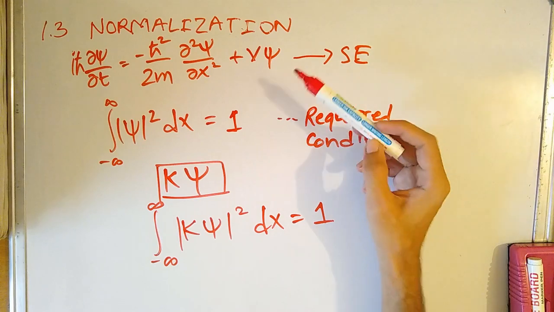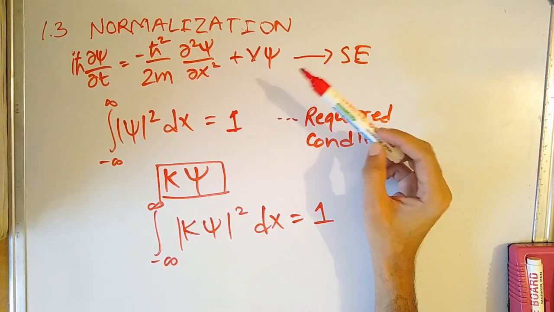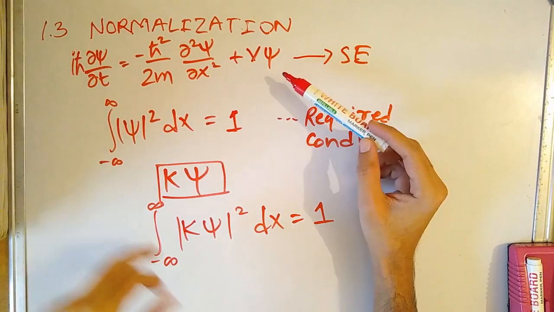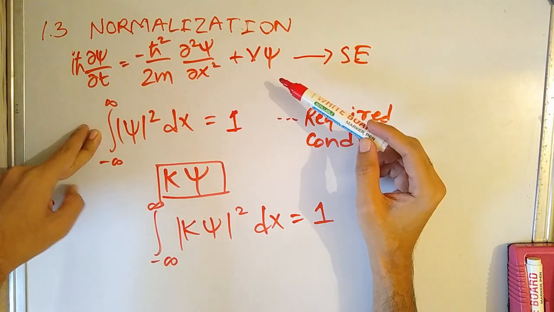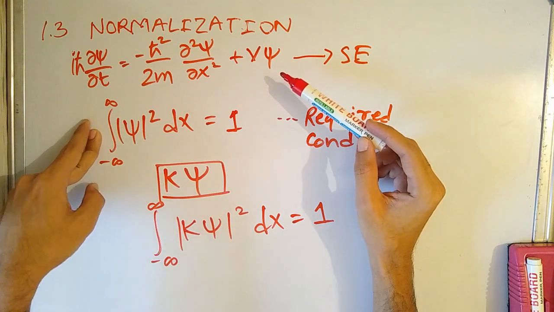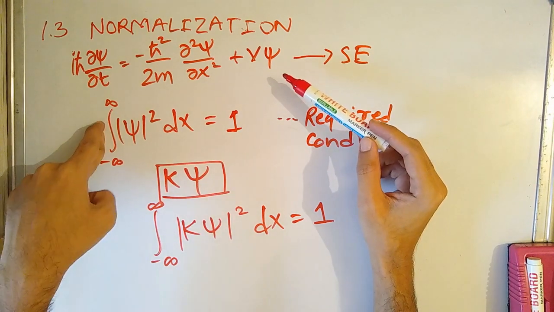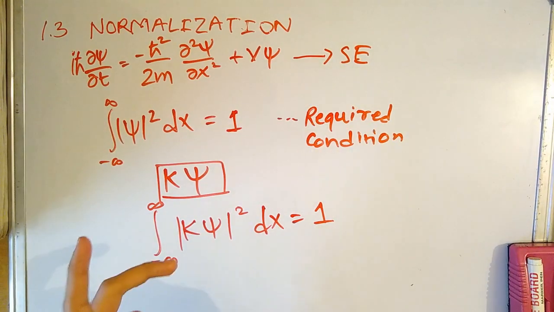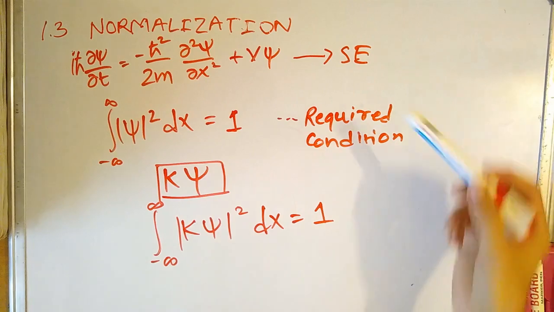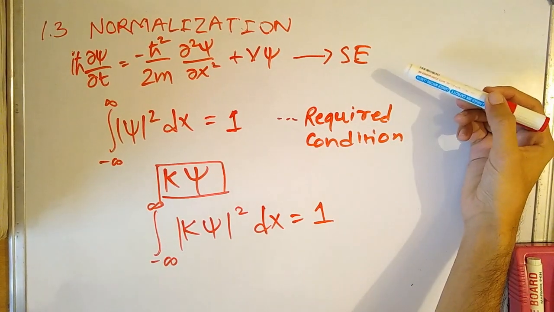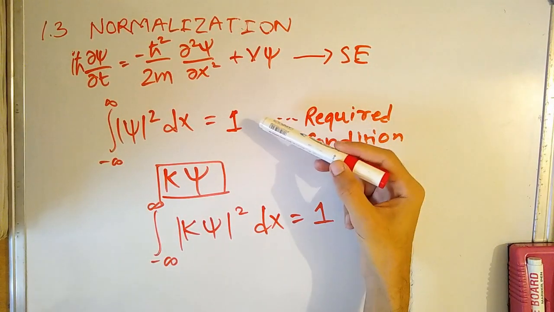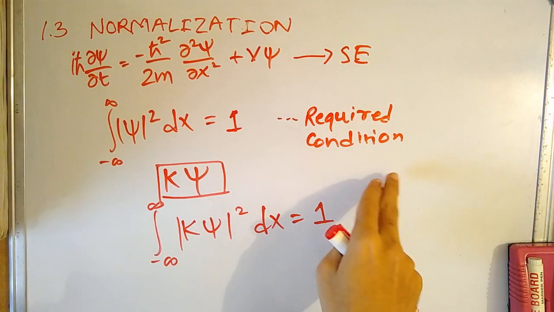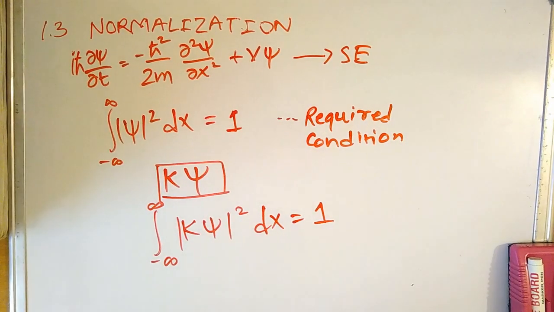But there are some solutions from Schrodinger's equation for which this integral is 0, or some indefinite value, or infinite, that is, the integration diverges. Such solutions are called non-normalizable solutions.